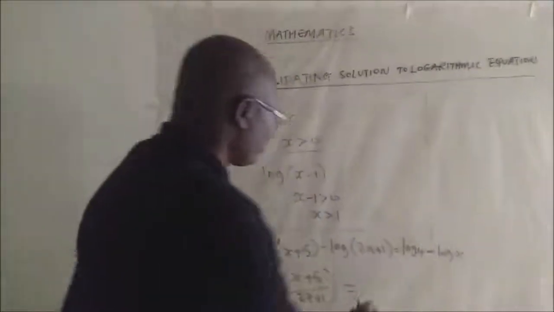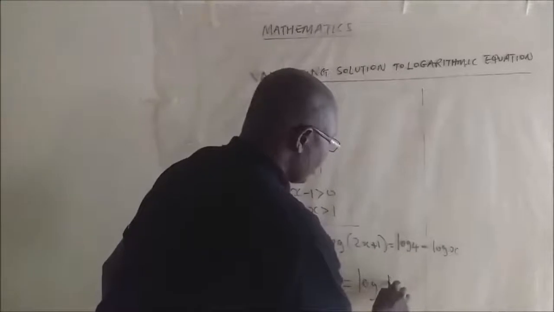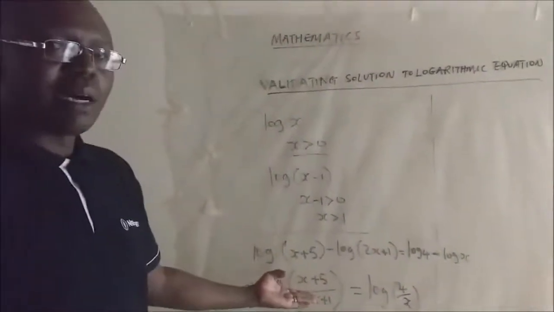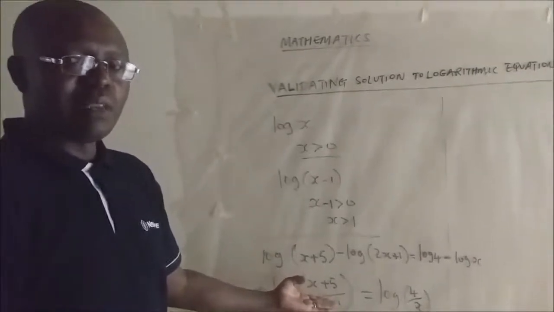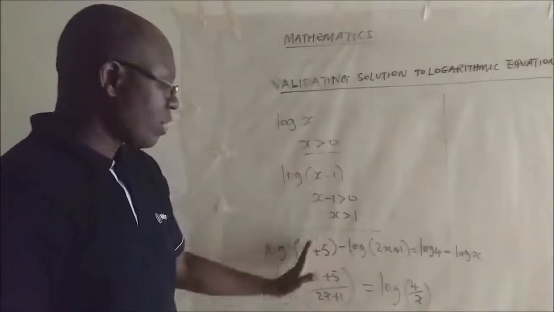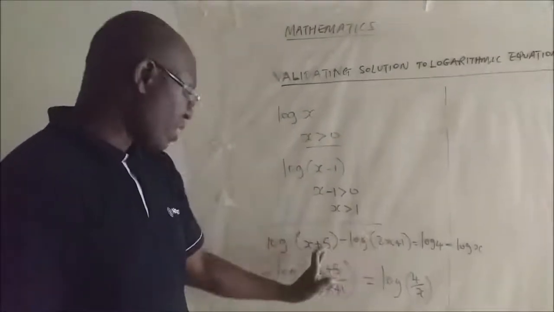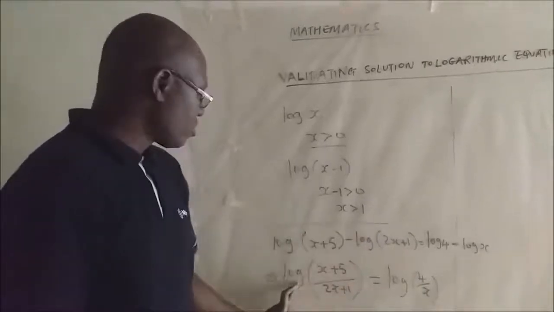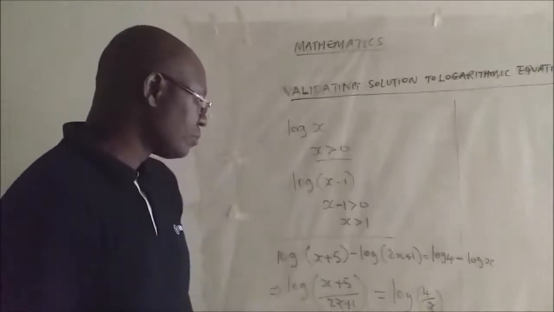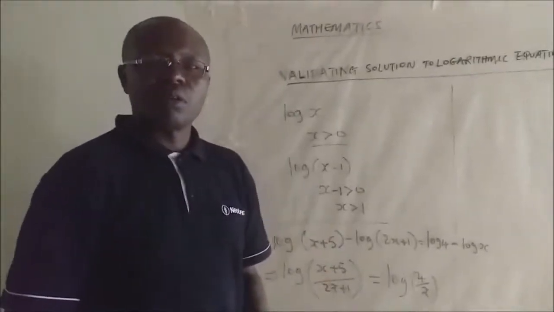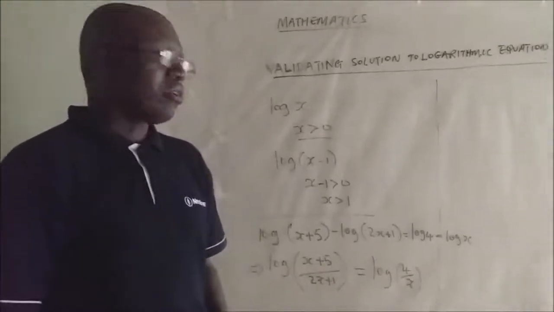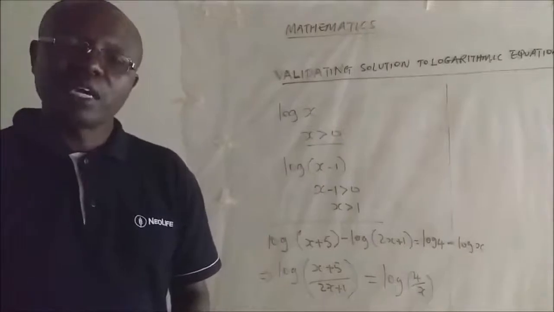On the left side and on the right side we shall have 4 over x. I hope you remember the law which we have applied. That is, when we subtract two logarithmic expressions, we can divide the arguments and put them under one log notation. Now, we have a single logarithmic expression on the right side, and we have a single logarithmic expression on the left side.